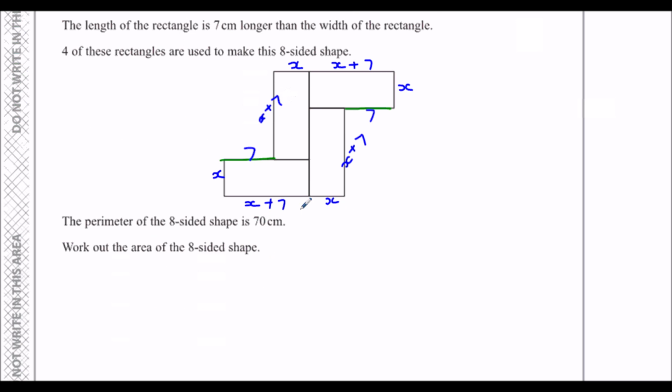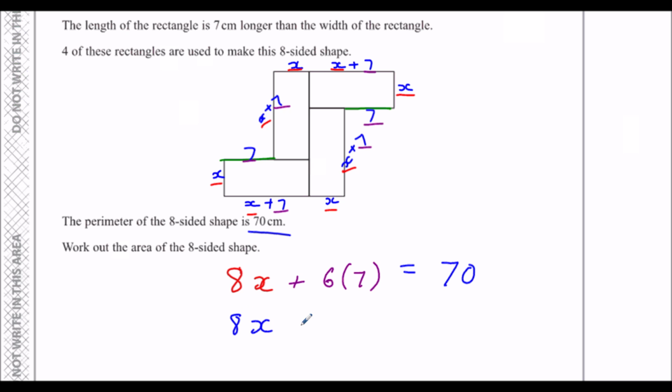So that whole perimeter adds up to 70. We can write an equation. I've got 8 x's, and I've got 6 7s.